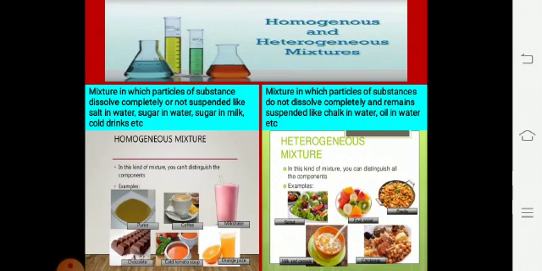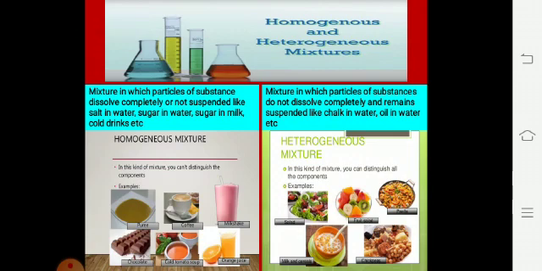So what is a heterogeneous mixture? A mixture in which particles of substances do not dissolve completely and remain suspended in it, like chalk in water, oil in water.